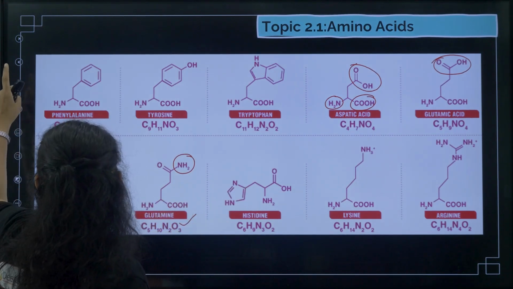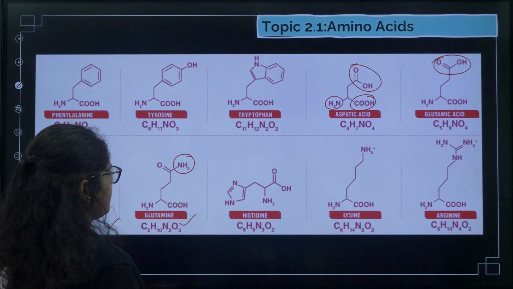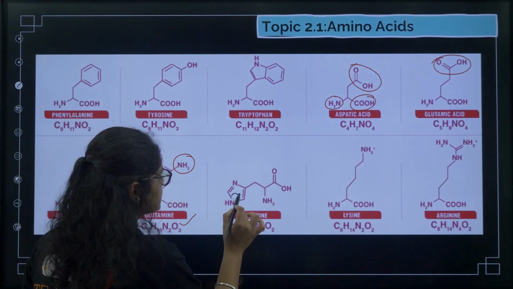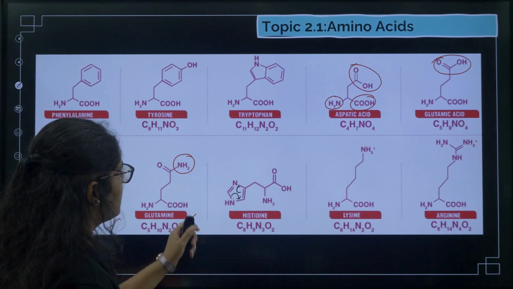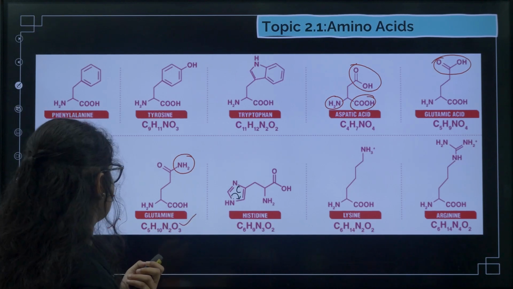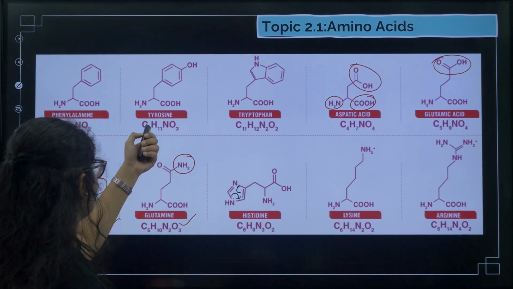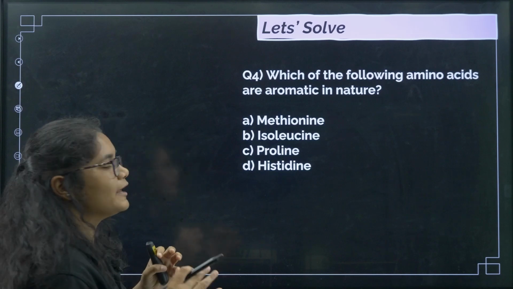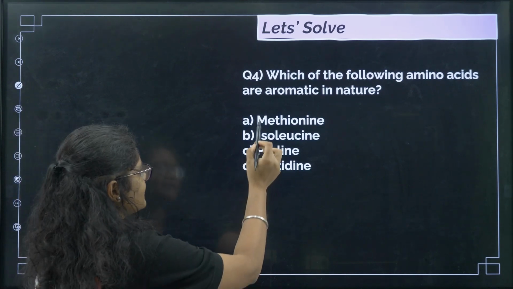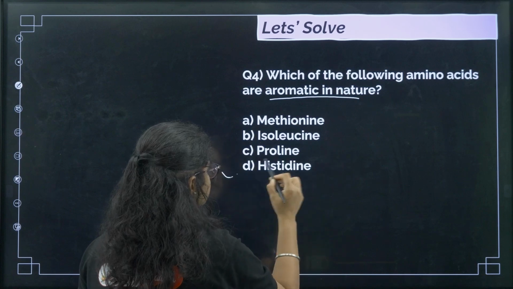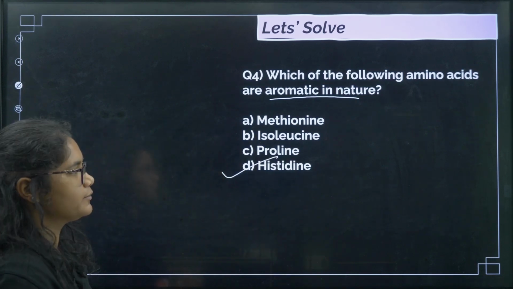You can see the structure of histidine, this group can undergo resonance, and that is why it is an aromatic amino acid. We have tyrosine also. Now the next question, question number 4: which of the following amino acids are aromatic in nature? Histidine is aromatic in nature.